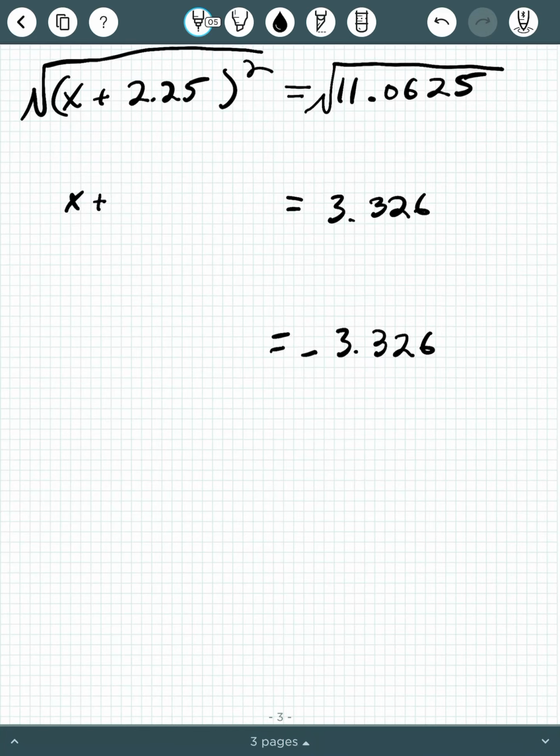So that sets us up to have two equations where x plus 2.25 is equal to each of those.